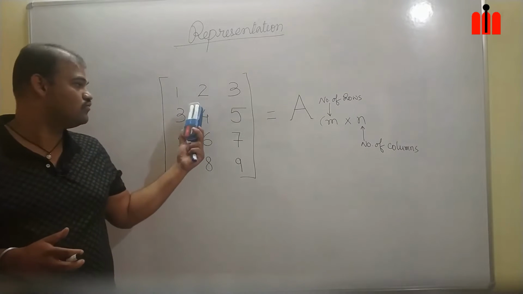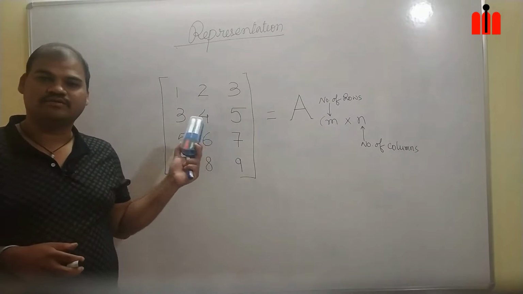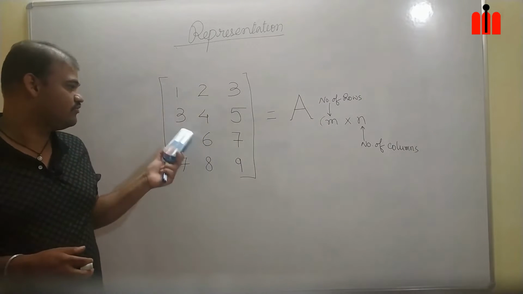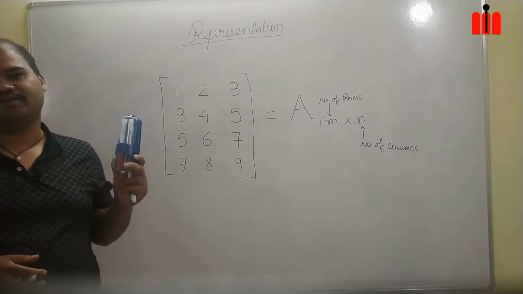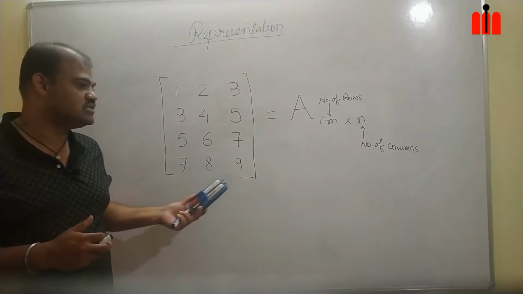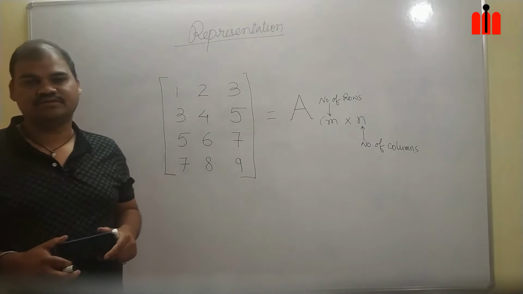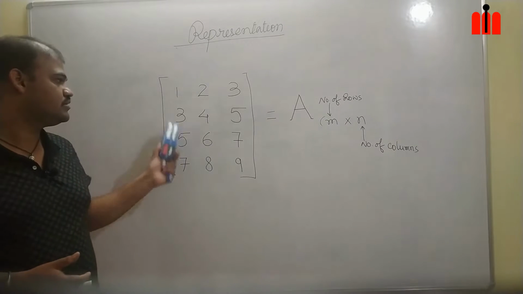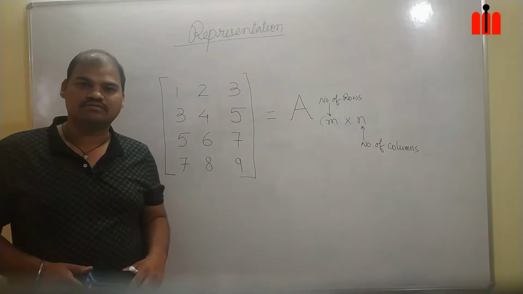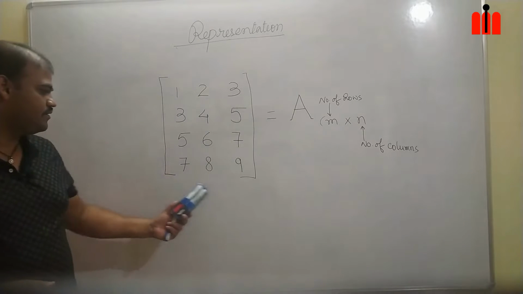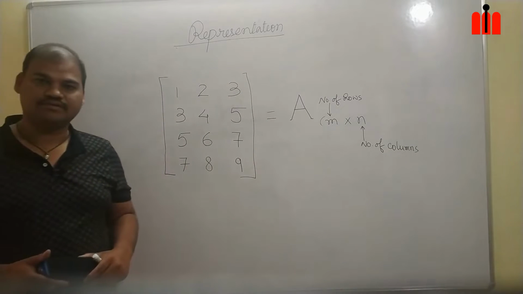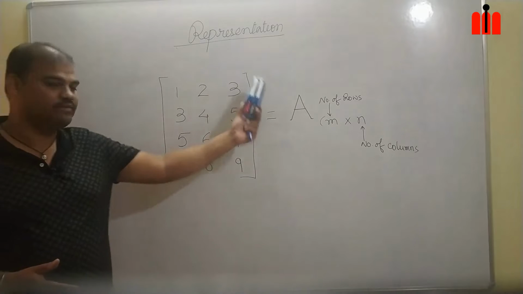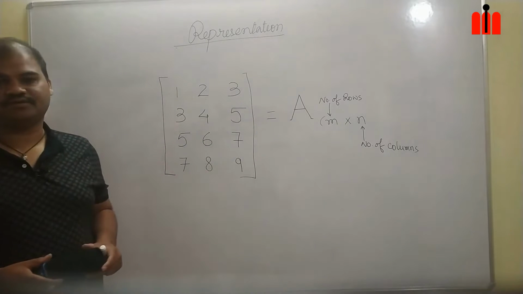First, it is 1, 2, 3, 3, 4, 5, 5, 6, 7, 7, 8, 9. So, this is a matrix. It's a group of numbers written in a bracket, bounded by a bracket.